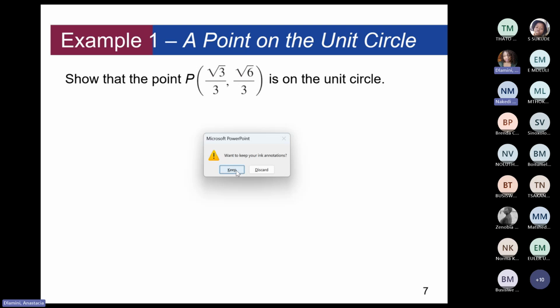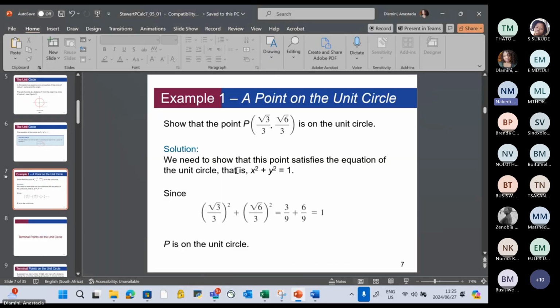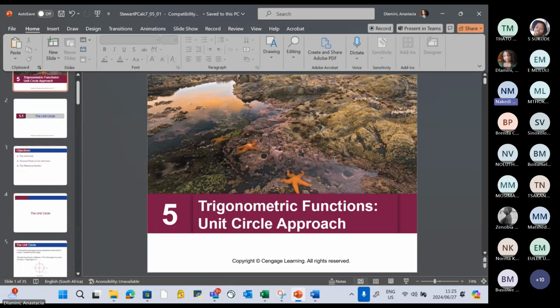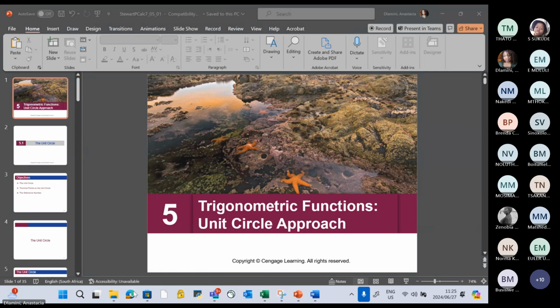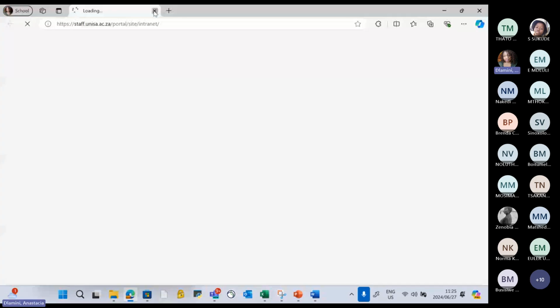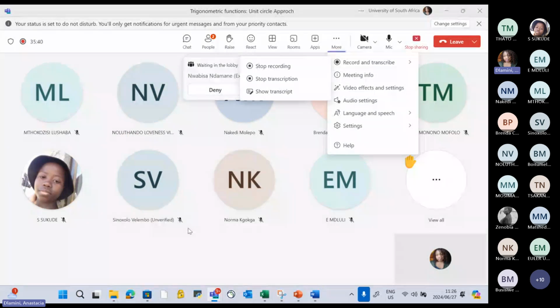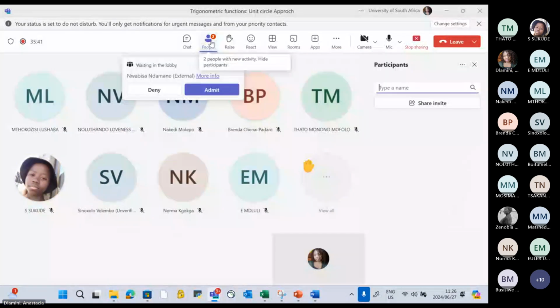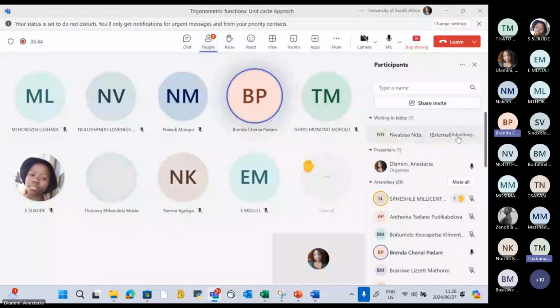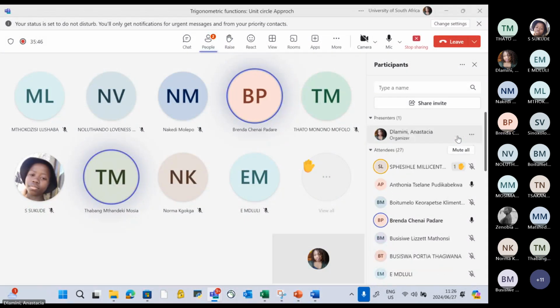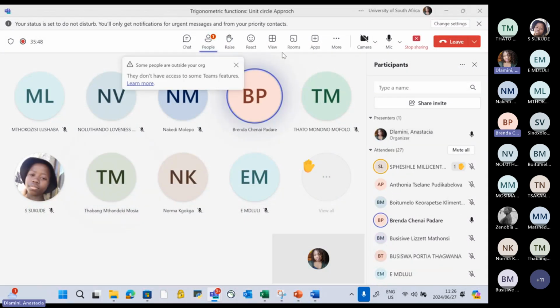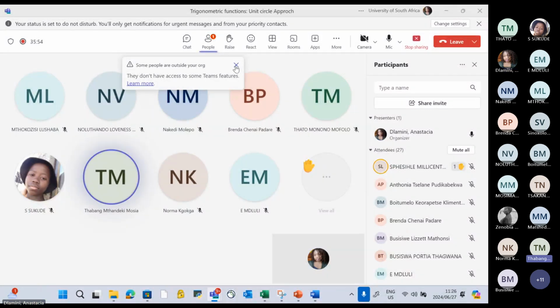If I say in the exam, show that this point is on the unit circle, what do you think you will do? You can guess. I think we're going to change them to radians. But remember, you only change the degrees into radians, not the points. Ma'am, put them in the equation and see. Don't you just plot it on the graph, because the distance on the x-axis is the same as the one on the y-axis?